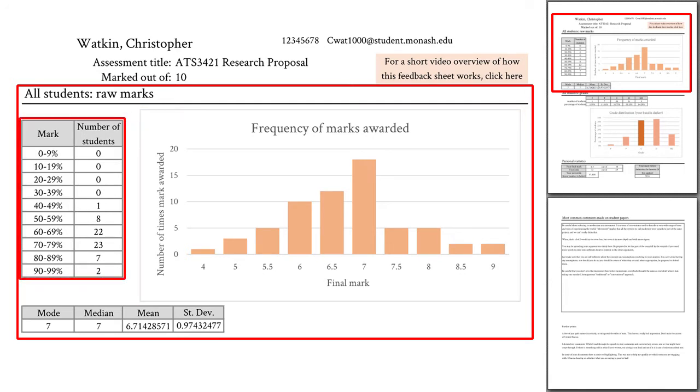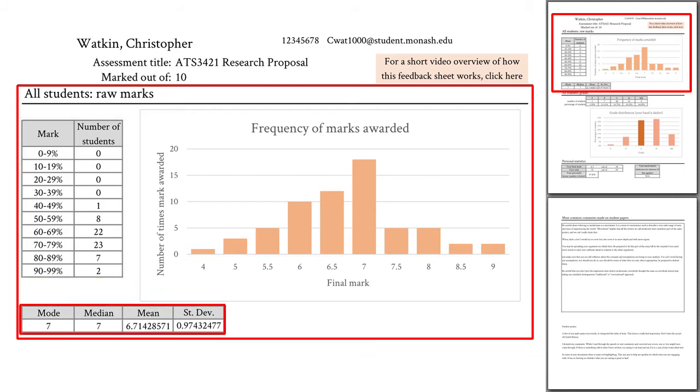And in the table on the left you've got the same information, but split down into percentiles. In the first column you've got the increments of 10%, the marks that were awarded, and then the right hand column shows the number of times a mark was awarded in that percentile in the unit. Just a different way of seeing how the marks were spread out.